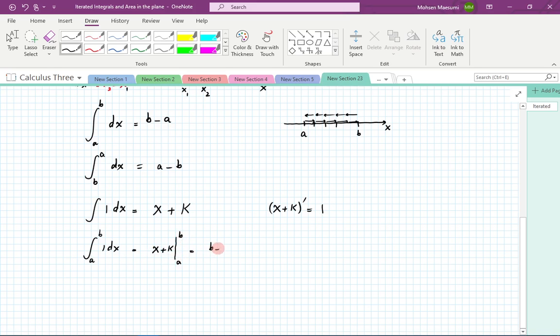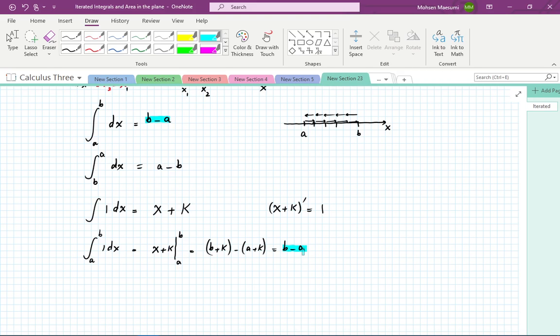So it's going to be b plus k minus a plus k, and of course we get that b minus a back. So that observation we had here, that this definite integral is b minus a, can also be obtained in this more systematic way. We get the same answer.